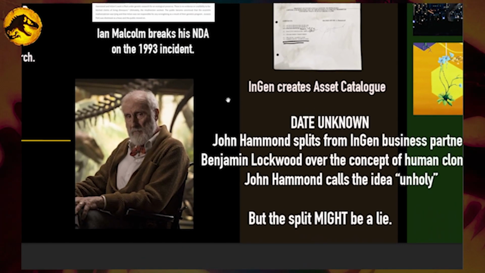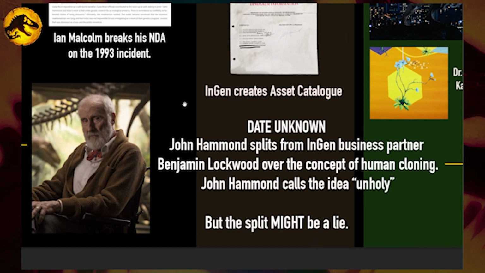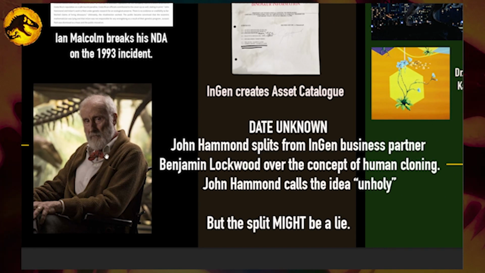So down here we have a date unknown. John Hammond splits from his InGen business partner, Benjamin Lockwood, who is Charlotte Lockwood's dad, over the concept of human cloning, and John calls the idea unholy. However, the split itself might actually be part of a lie. We know that John Hammond called the idea unholy, but we don't know if their split was actually a lie. Actually, we don't even know if he did call it unholy.